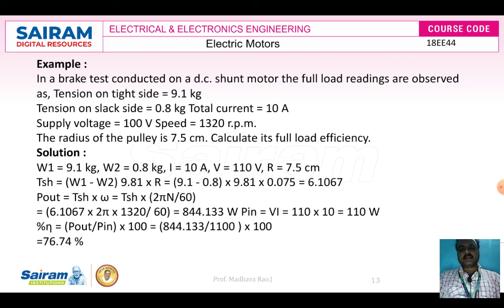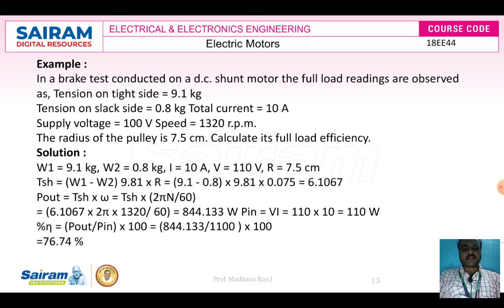So using W1, W2, I, V, and R, the radius of the pulley, 7.5 centimeters, calculate the torque produced by the shaft, T_sh. Torque of the shaft is equal to (W1 minus W2) into 9.81 into R. So you can get 6.1067 after substituting the values.